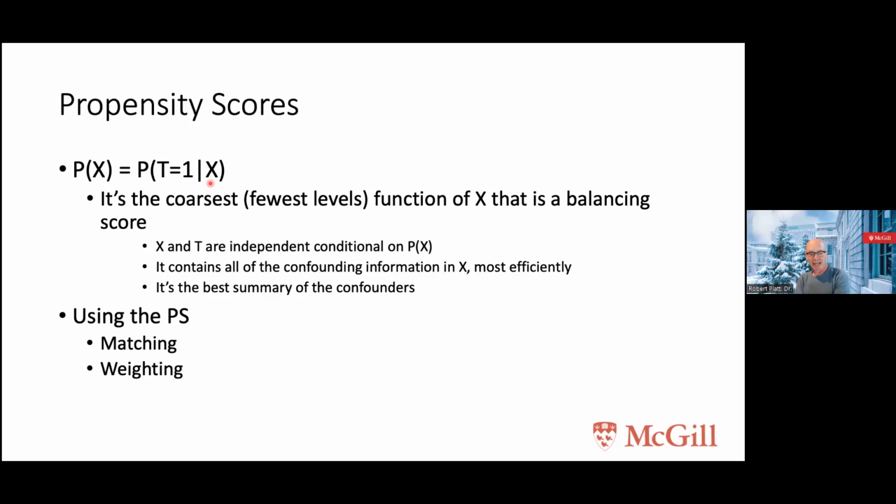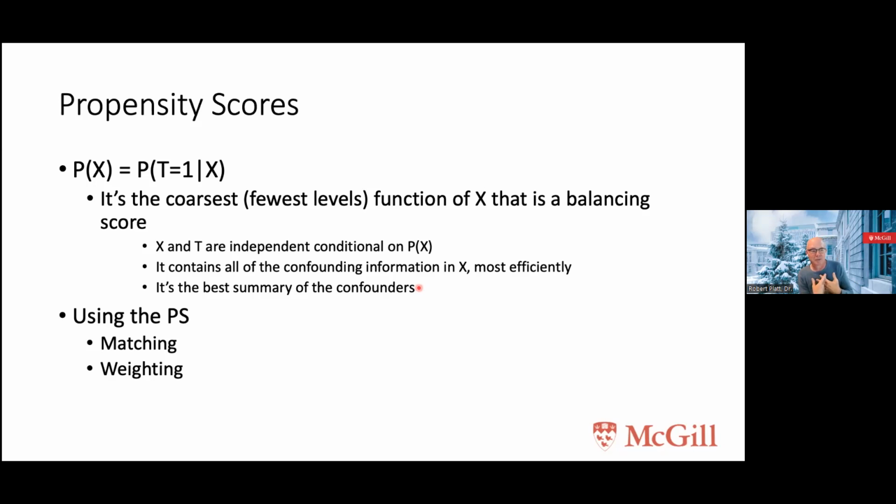What's nice about it is these are different ways of saying the same thing. In some mathematical sense, it's the best summary of the confounders. It's an efficient way of taking all of the confounding information that's in your data set and combining it into a single number. So put another way, all I need to know about me is that my propensity score is 0.3.